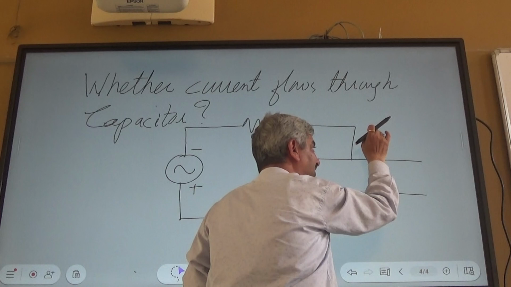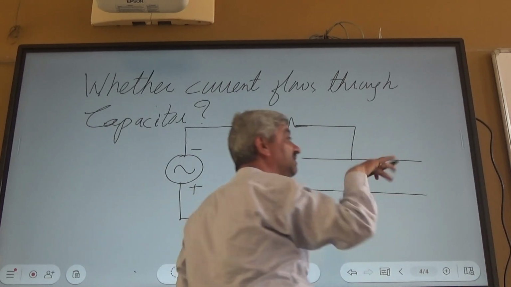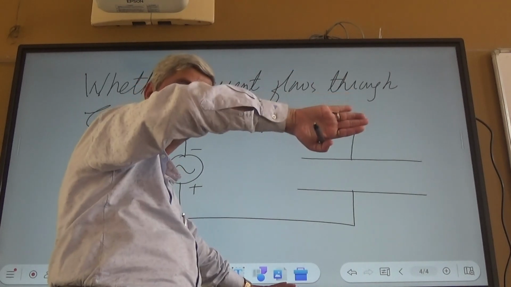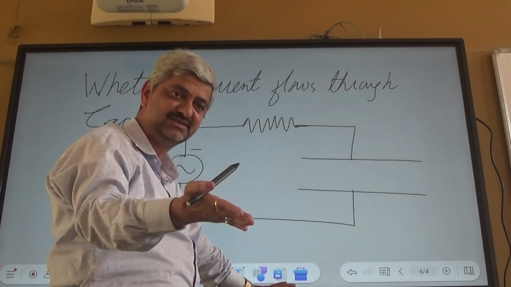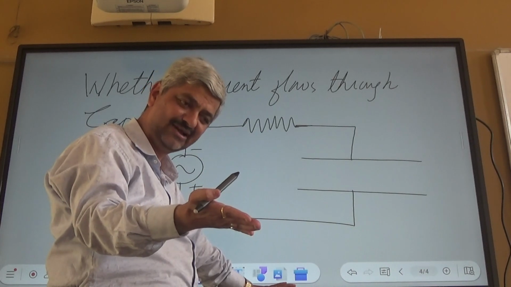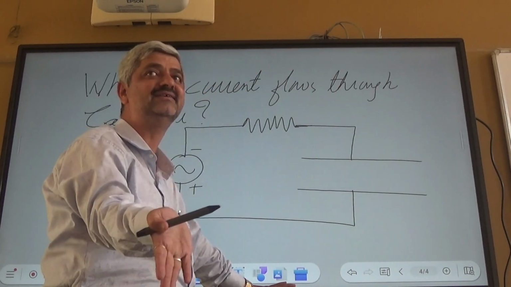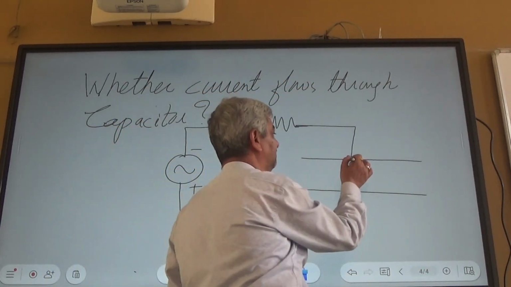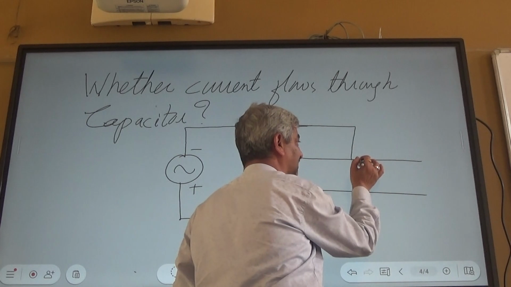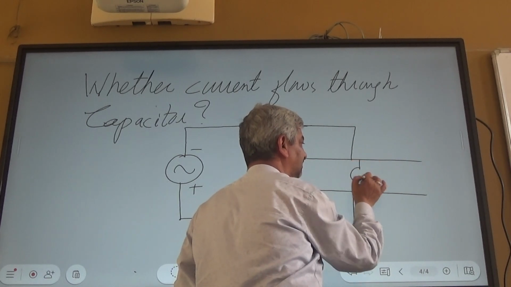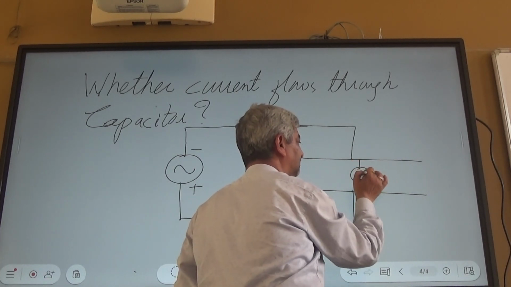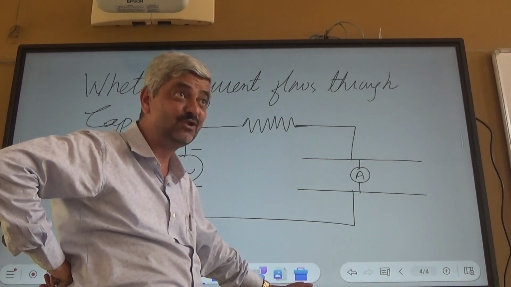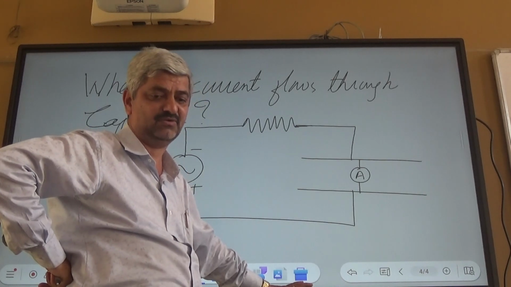So movement gets accumulated, stopped here. The plate stops the movement, but the other plate is having complementary movement, such that effectively you can see that suppose when you put an ammeter, what will the ammeter show?